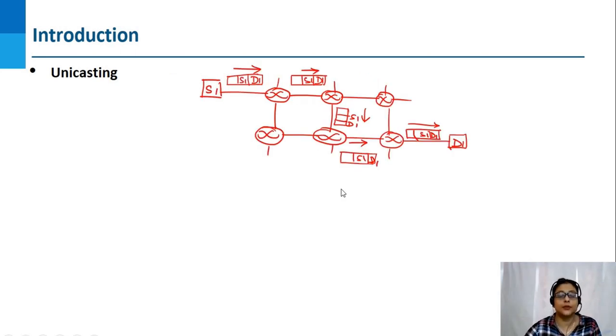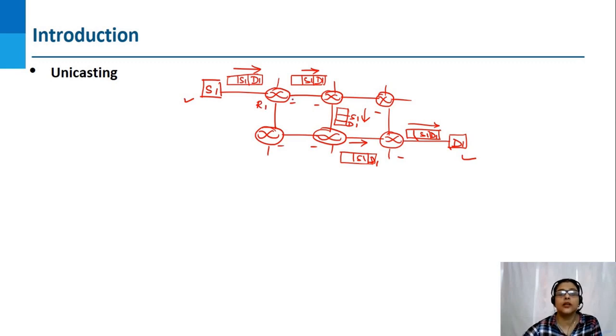Let us look at this example. Here we have a source S1 and a destination D1, and in between there are several routers 1, 2, 3, 4, 5, 6. Now the source wants to send a packet to the destination. The source S1 is sending a packet to destination D1. So it starts with a single packet having the source address and the destination address. This packet moves to the first router R1.